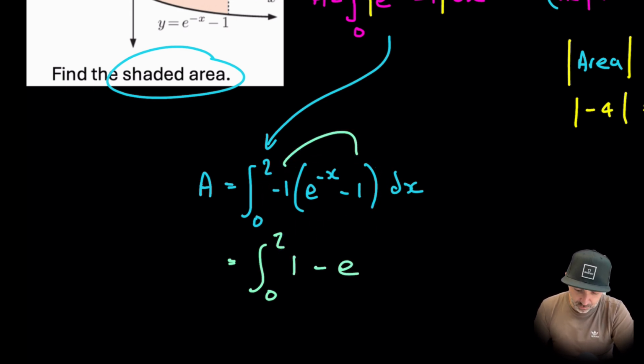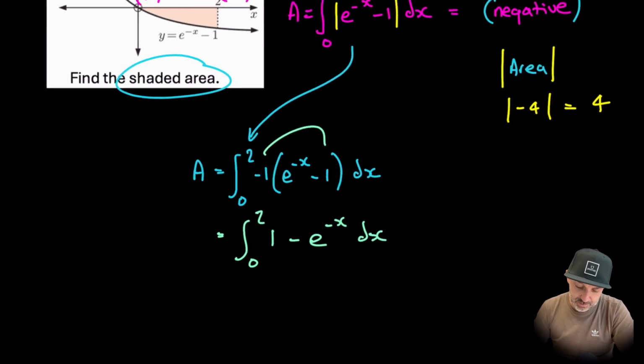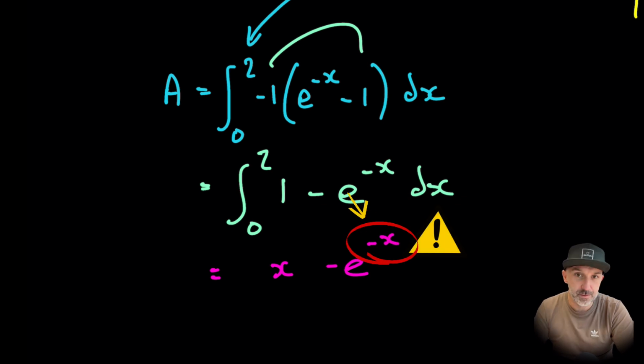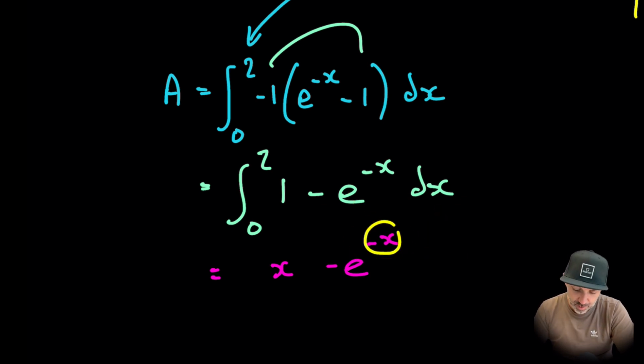So that's all done before I've even started doing any integration. Now I'm going to integrate this as I normally would, and that would become x. This would become minus e to the minus x, but divided by the derivative of the power. Now, the derivative of the power is -1, so you divide by -1. That's all going to become positive. And the limits on this definite integral are going to be 2 and 0.